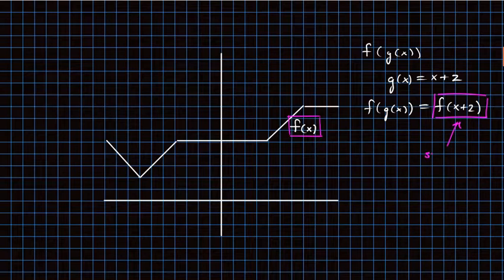This tells us to shift the graph to the left by 2 units. So if you see a plus 2 here, you want to shift the original graph.